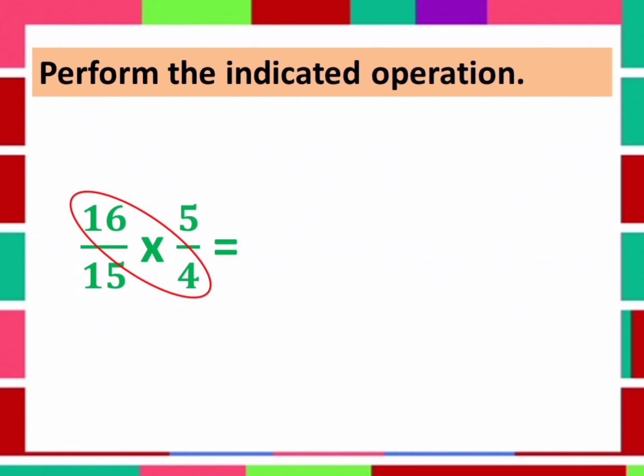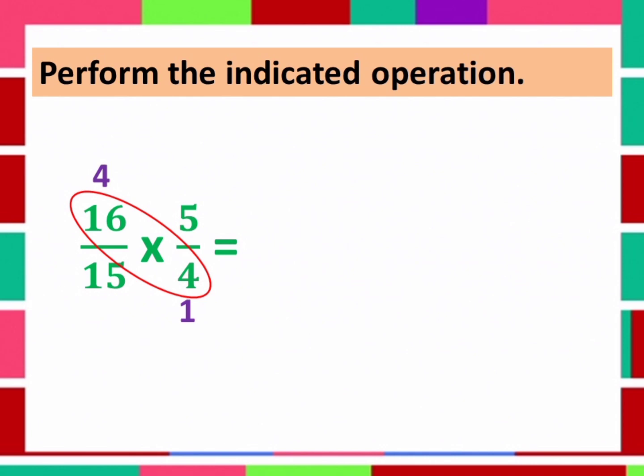So they have a common factor which is 4, so we can cancel them out. So 16 will become 4 because 16 divided by 4 is equal to 4. And 4 will become 1 because 4 divided by 4 is equal to 1.